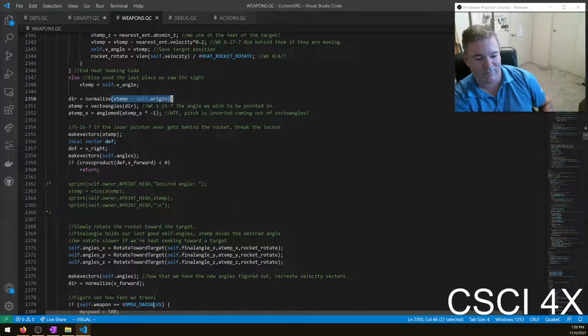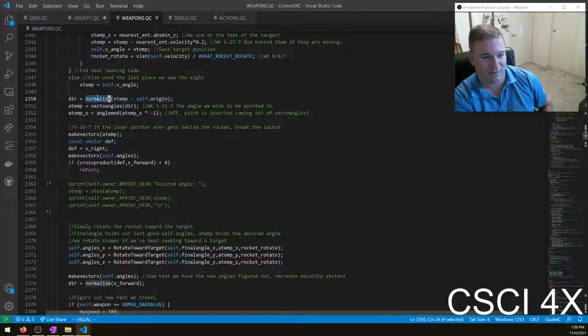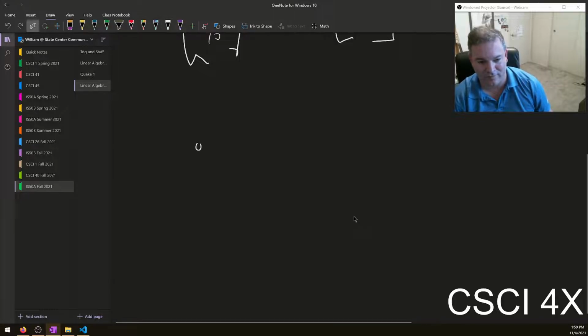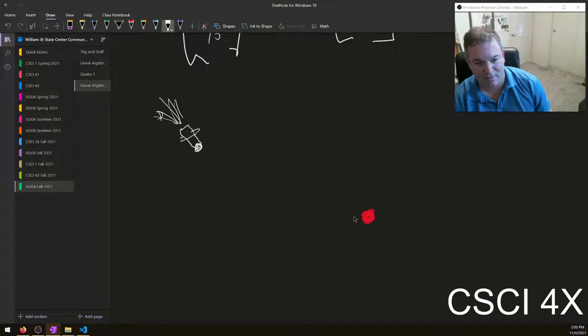Let me sketch this out, this line of code right here. What we have here is some point in the world, let's say the laser dot, let's make it red, is over here. And we've got the rocket, which is over here. And that's the point the rocket's at. The user had been over here, and in the meantime, the user had moved the laser dot this way.